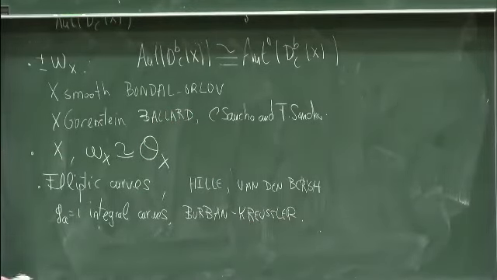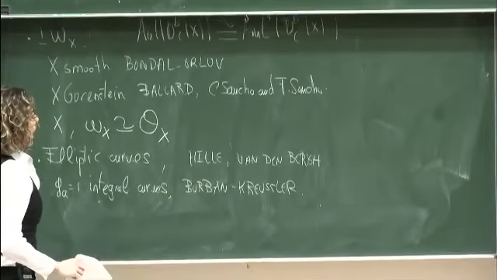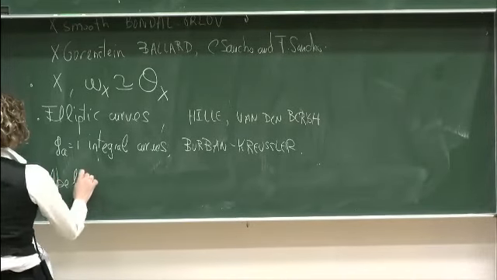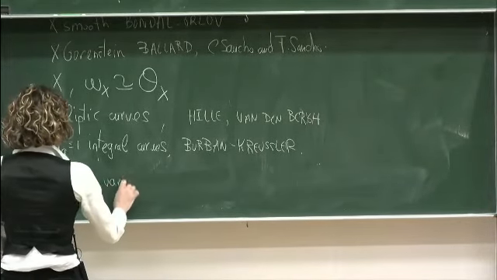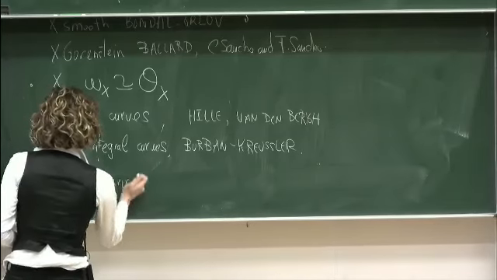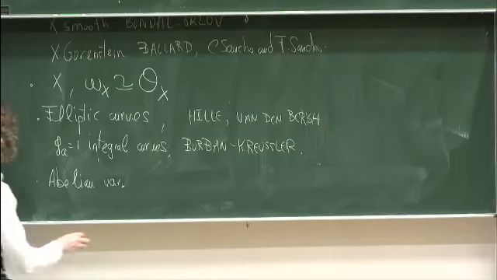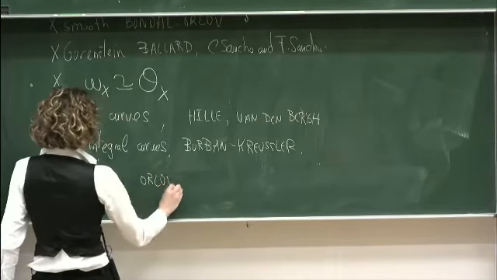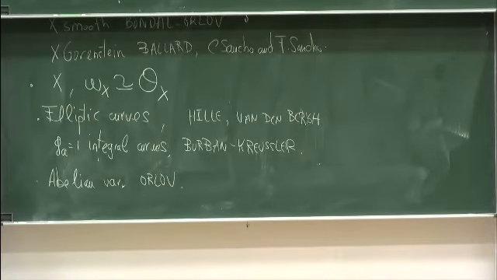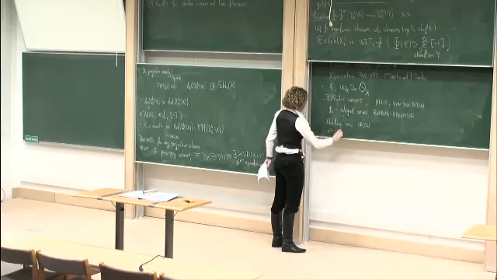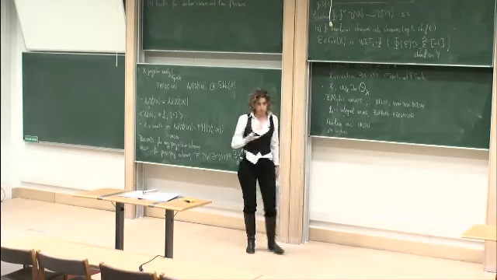A complete description. If we go to abelian varieties, the group has also been determined. The first results were due to Polishchuk, but the complete description was due to Orlov. And there are some results for K3 surfaces, but the group in this case is not completely determined.